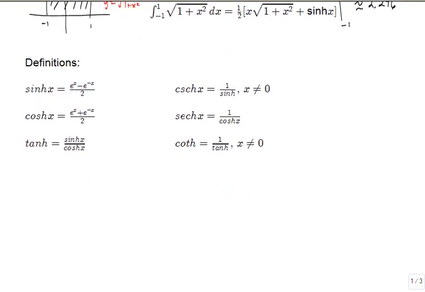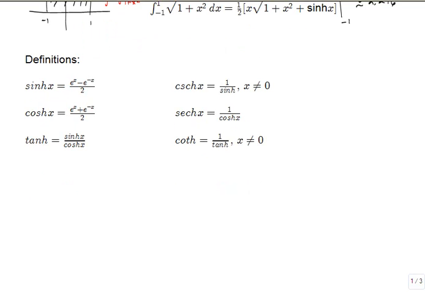What you're going to need to know are the basic definitions of these hyperbolic functions. So the hyperbolic sine, or sinh of x, is defined to be e to the x minus e to the negative x over 2. Hyperbolic cosine, or cosh of x, is e to the x plus e to the negative x over 2. So same as sine, but with a plus sign in between.